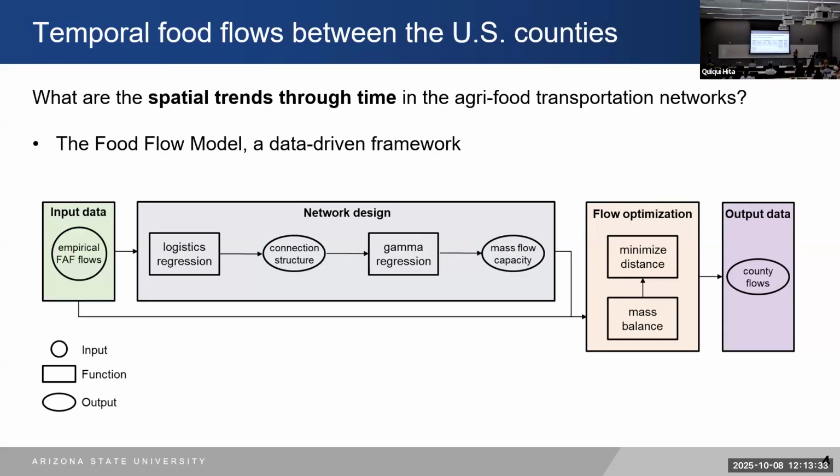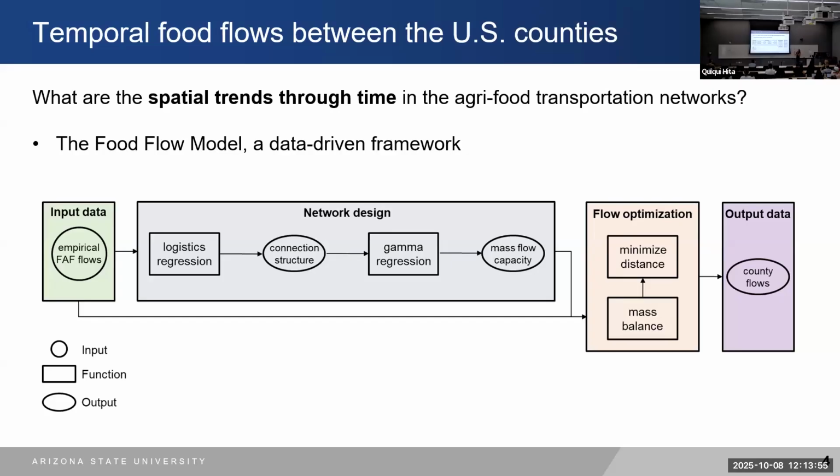But now I need the capacity: how much food, in terms of mass, actually moves along those network links. To do that, we fit a gamma regression model, again onto the empirical FAF-level data, which gives us the maximum amount of food that can move along each network link that we estimated to exist.